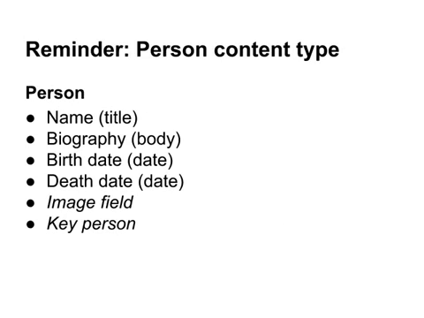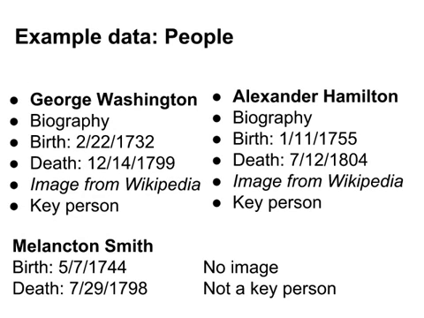A reminder, last time we set up the person content type, and this time we're going to start populating it with some example data. So in order to make it possible for me to be able to do this work as well, I've conveniently written this information on the whiteboard way over there, which I hope that folks can more or less read.